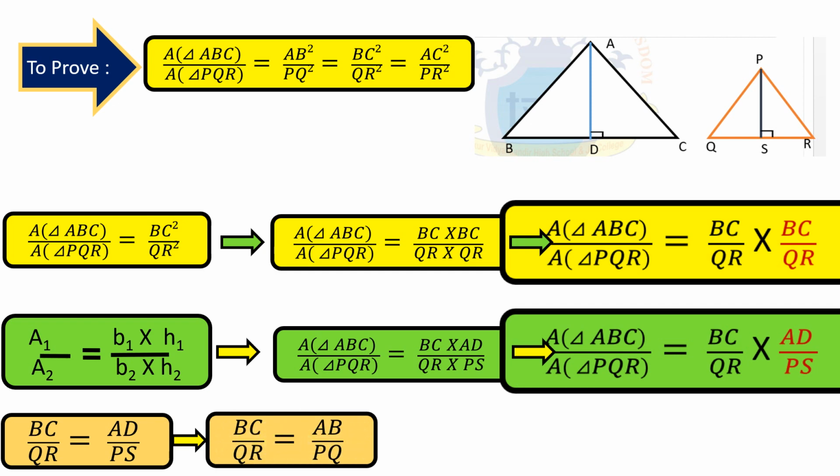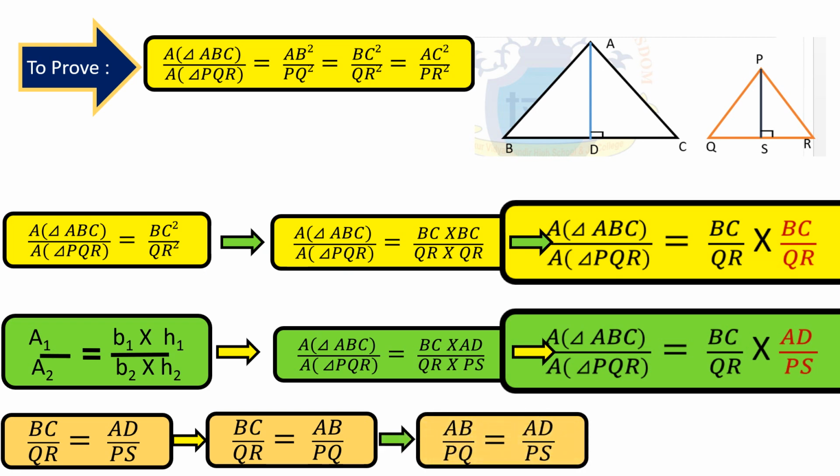So I know BC upon QR is equal to AB upon PQ, but I have to prove BC upon QR is equal to AD upon PS. So what actually I should prove now is this: AB upon PQ equals AD upon PS. If we prove this, we can prove BC upon QR equals AD upon PS.